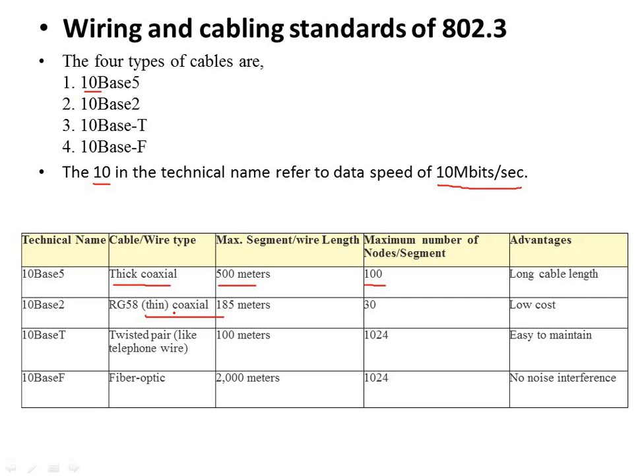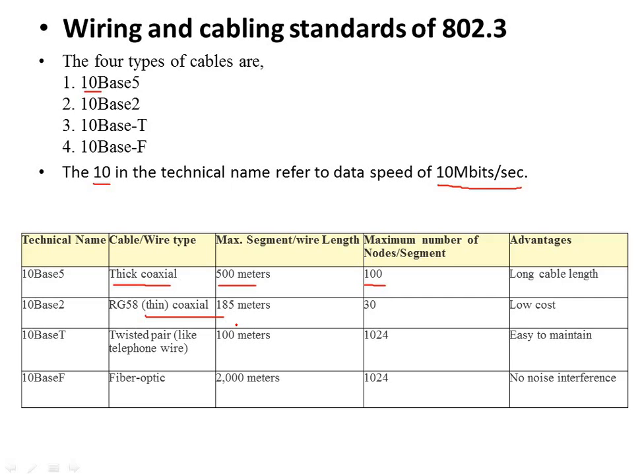Or for your TV also, most of the time this kind of coaxial cable is utilized from your dish antenna to your TV. Its maximum length is 185 meters, and you can connect only 30 nodes in that network. The advantage is that it is low cost.